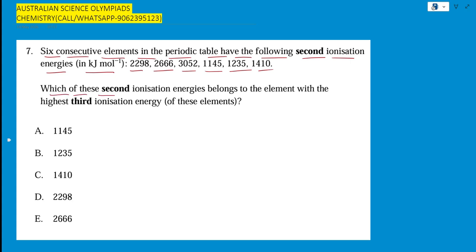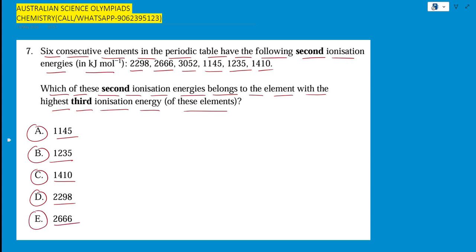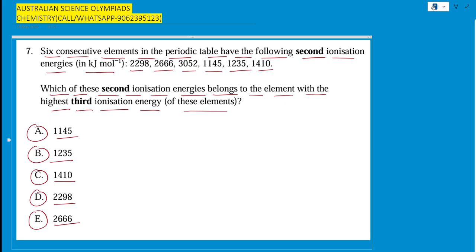Then which of these second ionization energies belongs to the element with the highest third ionization energy of these elements? A says 1145, B says 1235, C says 1410, D says 2298, and E says 2666. Okay, so let's discuss this question in this session. This is a very nice question, I must say.